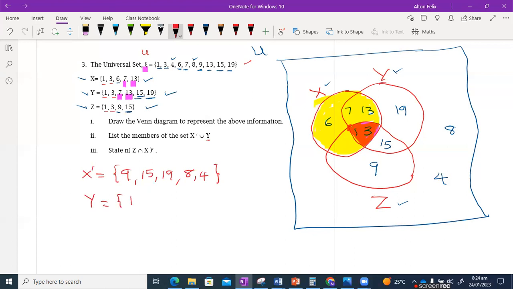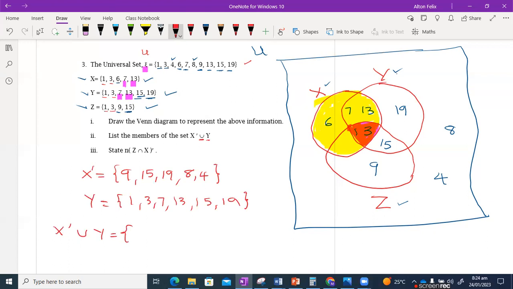And Y is 1, 3, 7, 13, 15, and 19. And if you are asked to write the union, think about marriage, two parties coming together, united as one, then you can combine those two sets, X complement union Y.